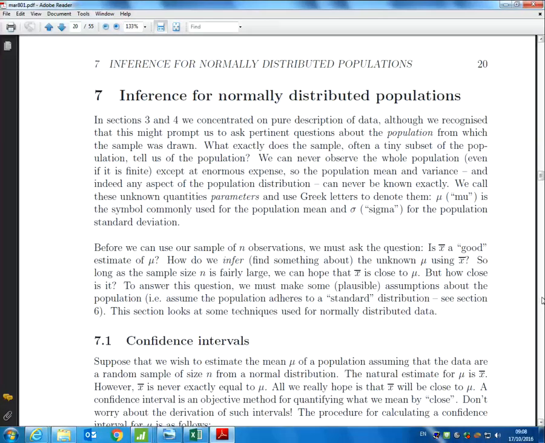Now, what about if you want to use all of the data but measure spread? Okay, you'll need the variance or the standard deviation. Okay, now what is the relationship between the variance and the standard deviation?